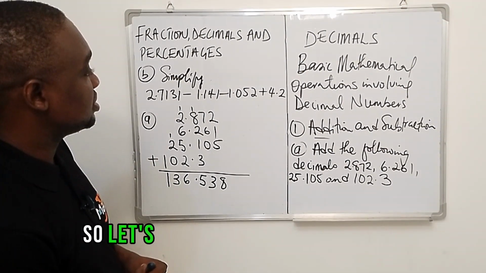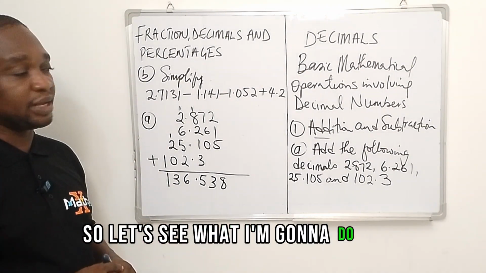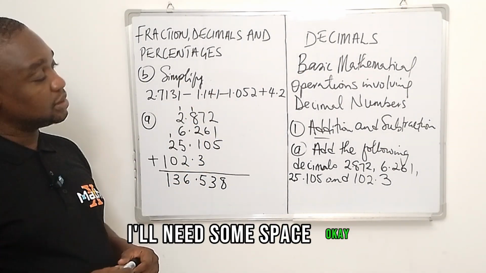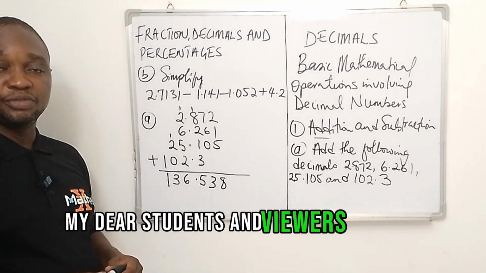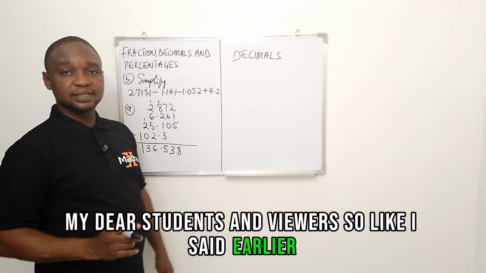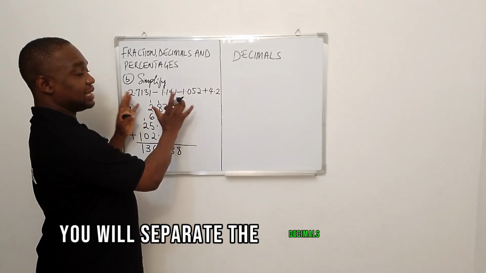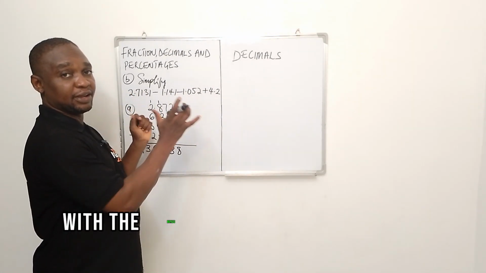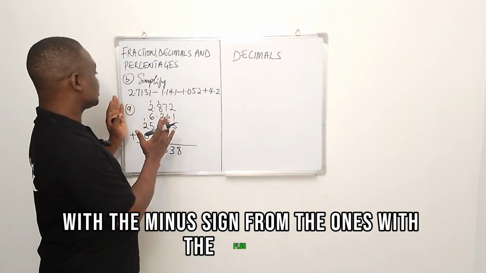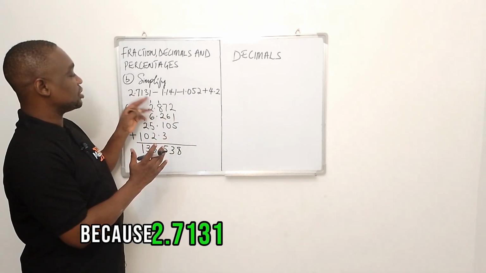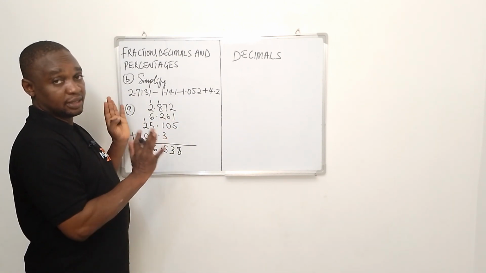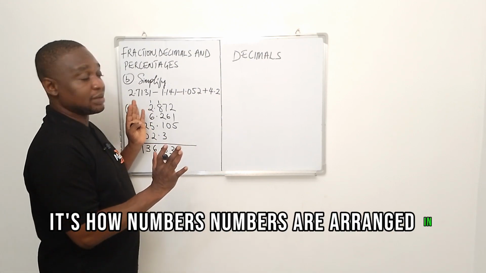So let's see what I'm going to do next. I'll need some space, my dear students and viewers. Like I said earlier, you will separate the decimals with the minus sign from the ones with the plus sign, because 2.7131 has a plus sign on it. It's how numbers are arranged in mathematics.